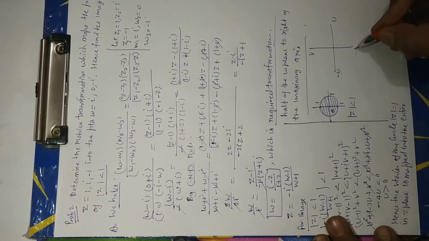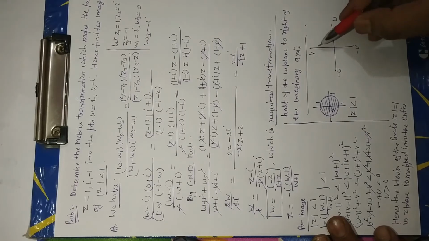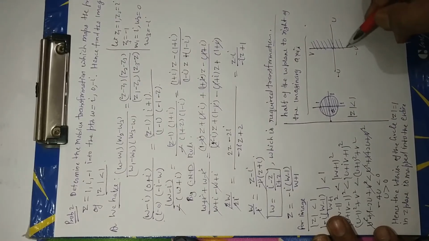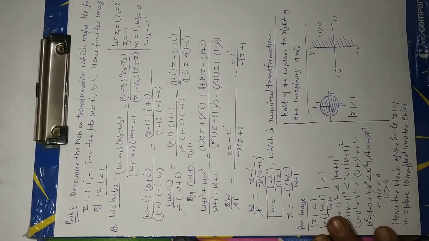Now u is greater than 0, that is the entire half of the w plane to the right of the imaginary axis. Now we can draw, this is the area u greater than 0. This is the complete solution.